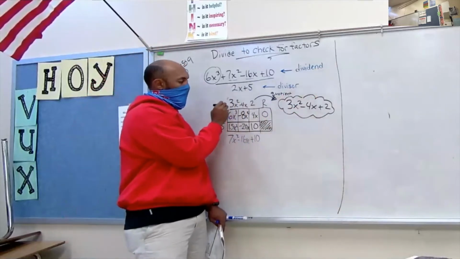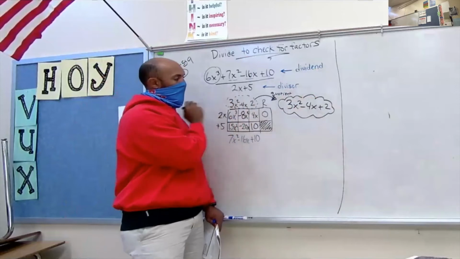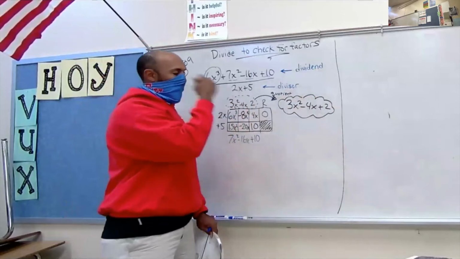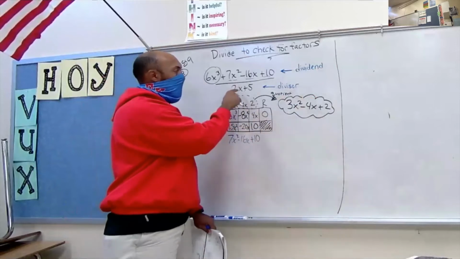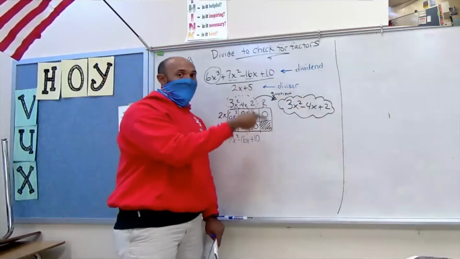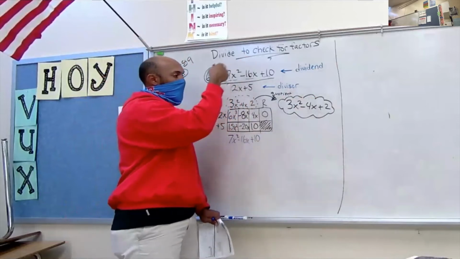That quotient, or your answer, comes on the top. So if I have a remainder of 0, what that means is that 2x plus 5 is a factor of that polynomial.